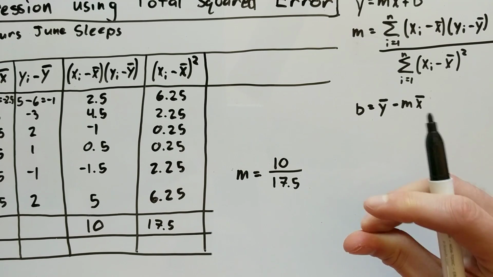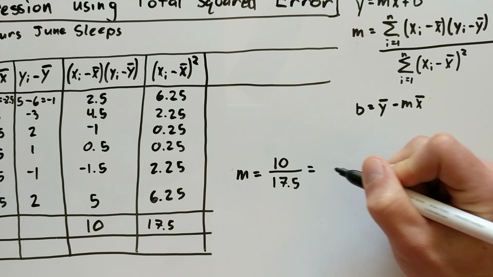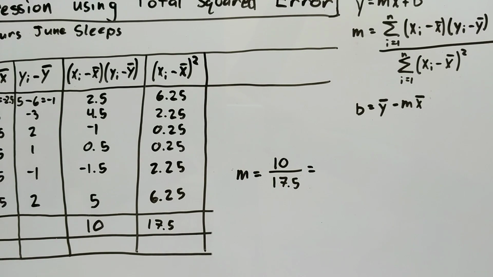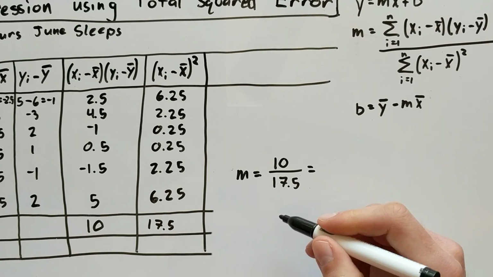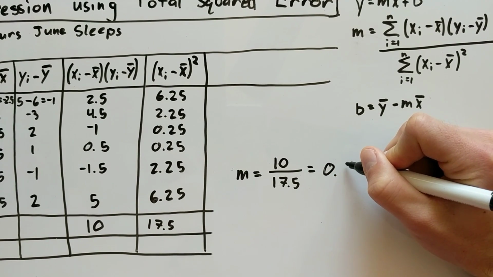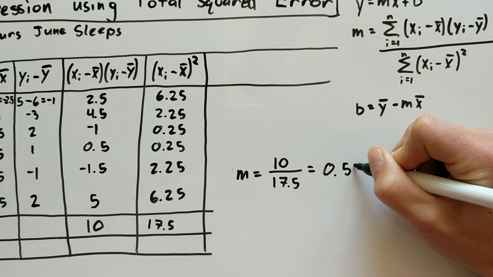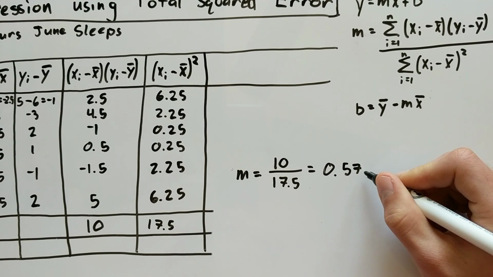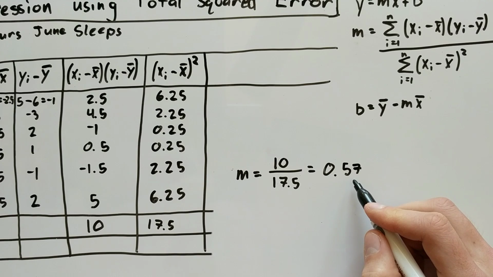And that I can't do in my head, so let me check that one. It turns out to be kind of an ugly decimal. It's 0.57 and then a bunch of other decimals. So I'm just going to leave it at 0.57.